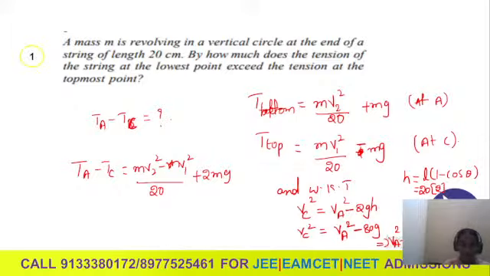So substitute that value. VA square minus VC square is nothing but V2 square minus V1 square. I consider at bottom, at A, velocity V2, at the top, at C, velocity V1.